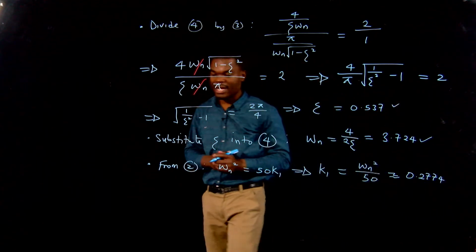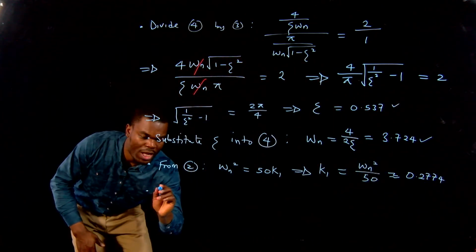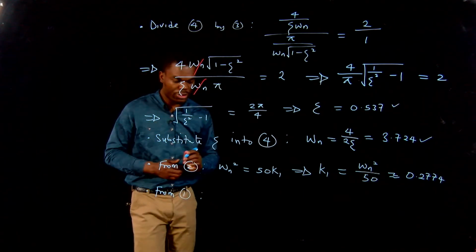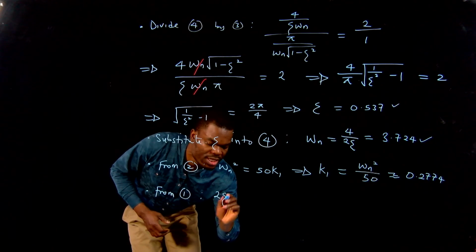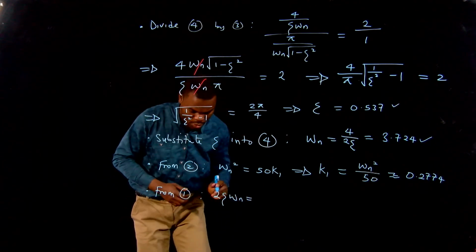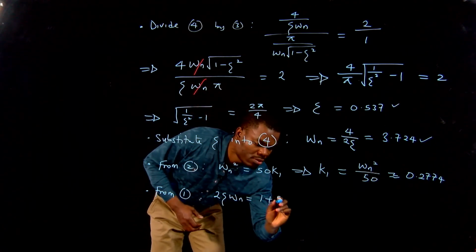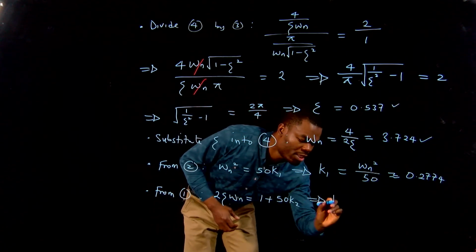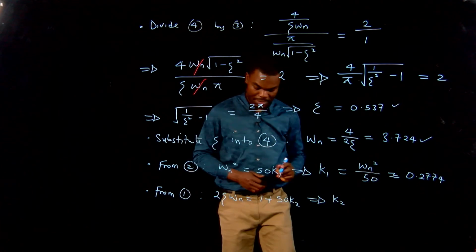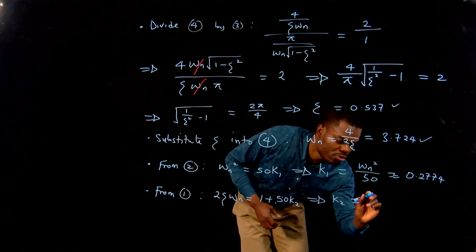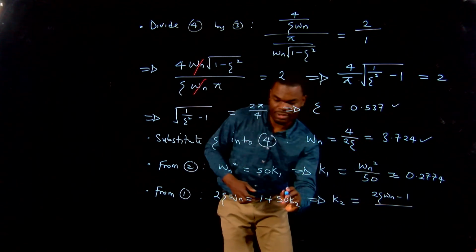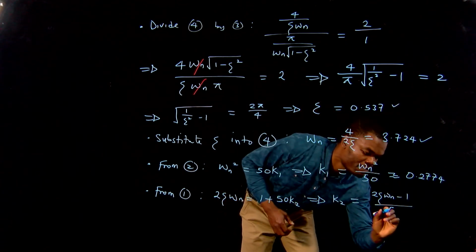If we put in the value for omega n, our k1 should be approximately equal to 0.2774. And finally, if we go to equation 1, we have 2 zeta omega n equal to 1 plus 50 k2. If we make k2 the subject of the formula, this should be equal to 2 zeta omega n minus 1, all divided by 50.